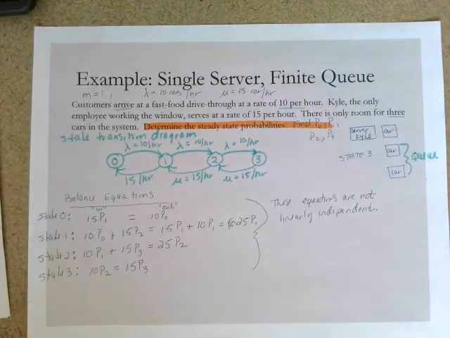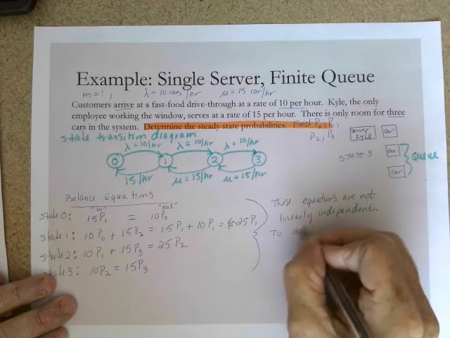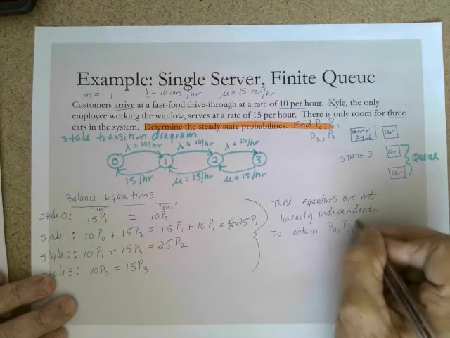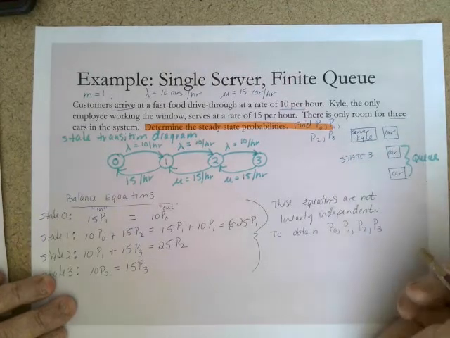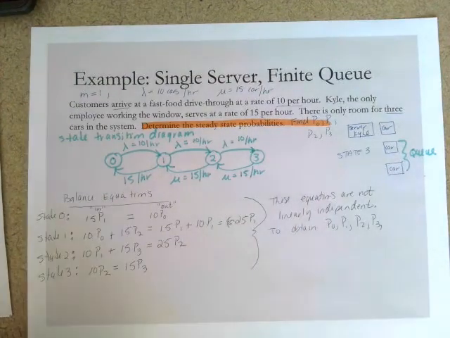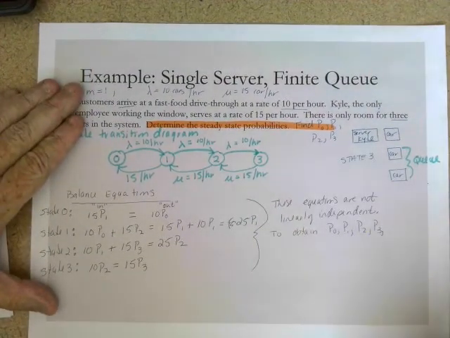So to solve for these unknowns, to obtain P0, P1, P2, P3, we are going to eliminate one of these and then add another one that is linearly independent of these.